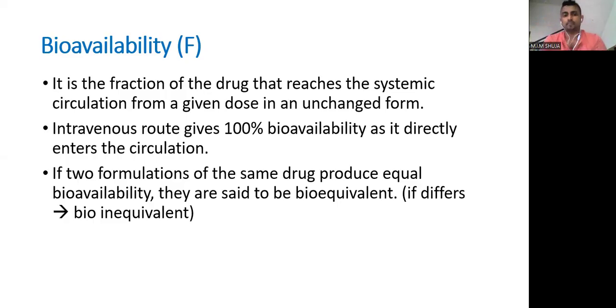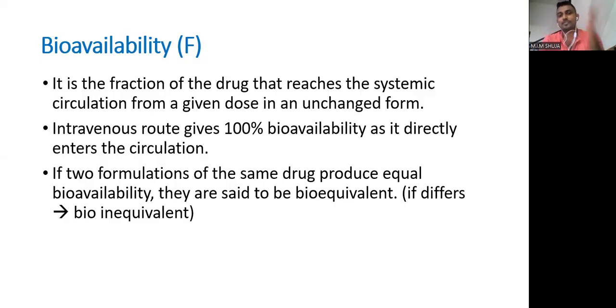Either way is fine. If you are giving IV, you are directly giving all the 100 grams of drug into the blood. So you are giving 100, the blood also 100. So bioavailability is 100.